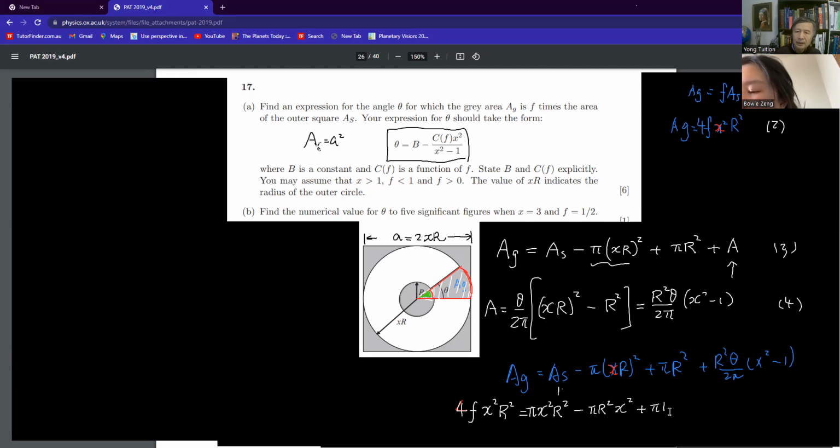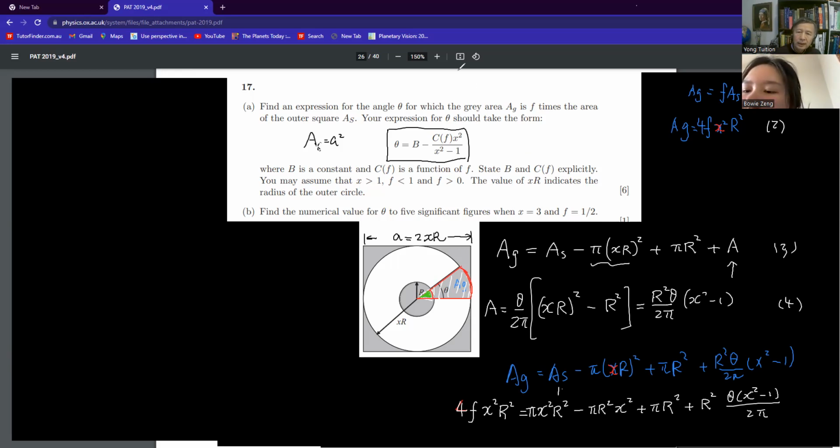Yeah, we're getting there. That's the constant term. So in this formula we have a factor. We can factorize r squared. Therefore we got theta multiplied by x minus x squared minus 1, divided by 2 pi.